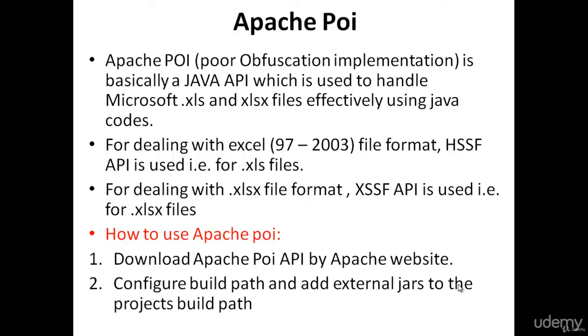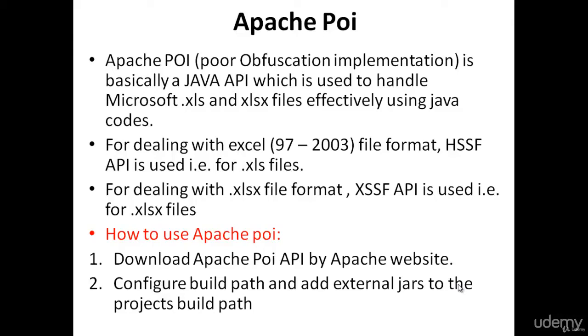Now, the latest Excel files use the .xlsx format, so we will be using an API called XSSF. Again, it's provided by POI itself, right?